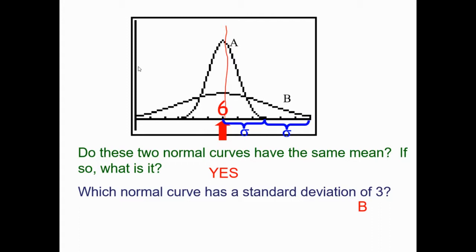Standard deviation of 3, what would that be? Would that be B? See how flat the curve is? That means it's more spread out. You have more values going further from the mean.